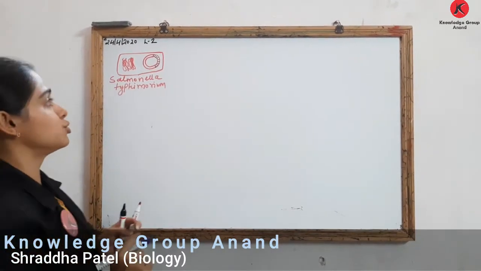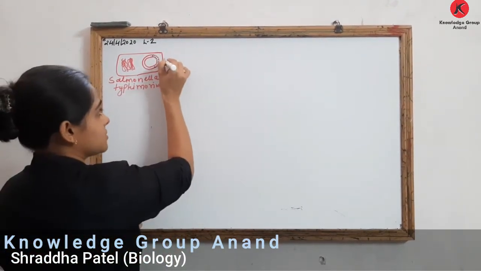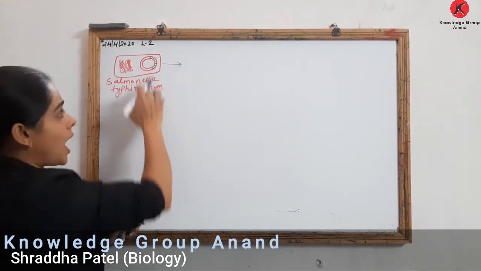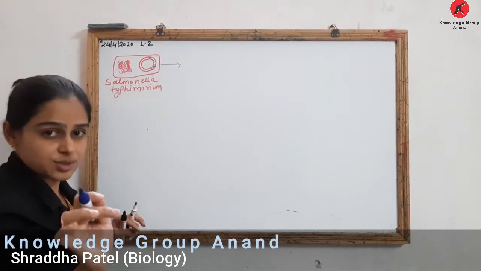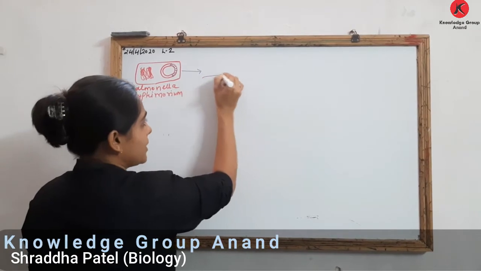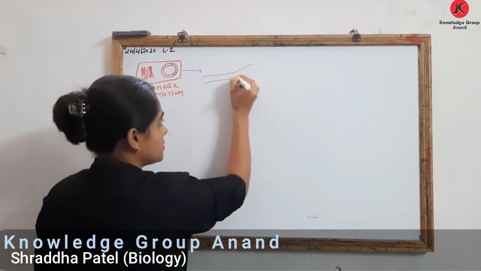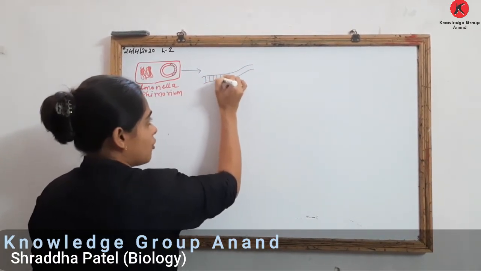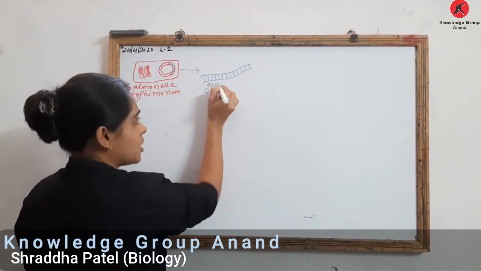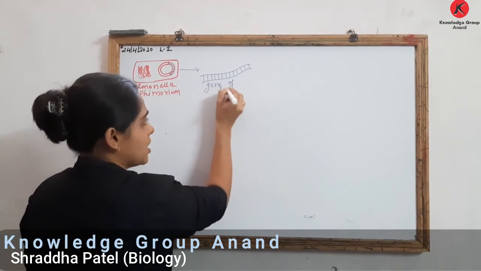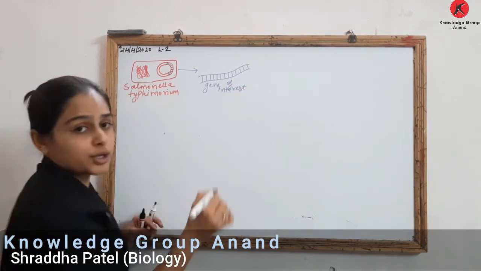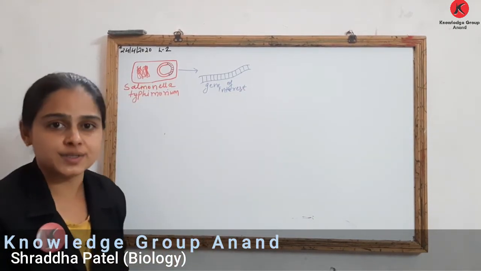Now I am going to cut. I am going to isolate this plasmid and cut this particular DNA sequence. So this is your foreign DNA. Foreign DNA in the sense, this is our gene of interest. Gene of interest in the sense we are talking about your antibiotic resistant gene.